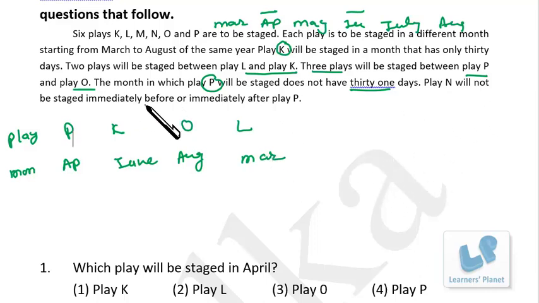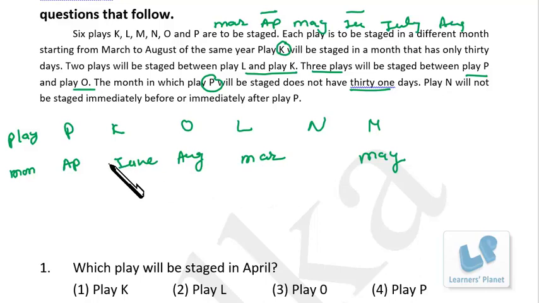Play N will not be staged immediately before or after play P. Okay, so that will not be there in May or March. So it will not be there in May. Now we are left with M, so it should be there in May.